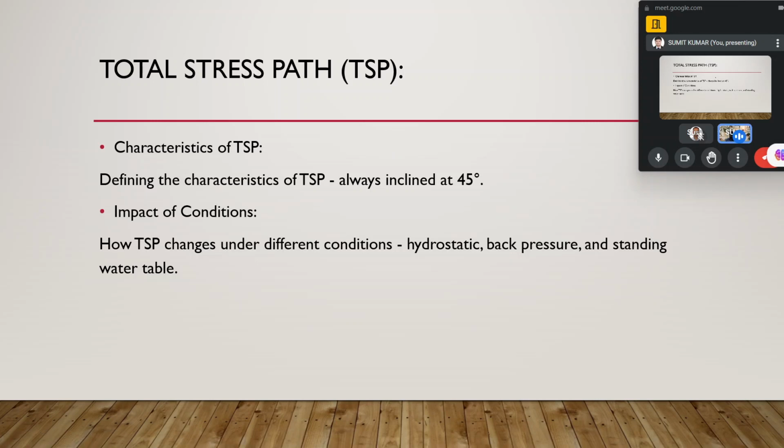First of all, the characterization of the total stress path: it is always inclined at 45 degrees. When we talk about the impact condition, how does the total stress path change under the different conditions?